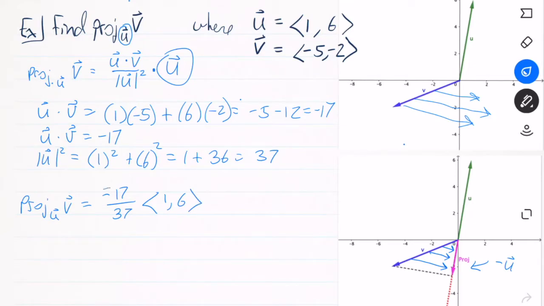The sign of this is negative, which makes absolute sense, because if it was positive, we'd be going in this direction. And I want to be going in the opposite direction. So that negative is at least telling me I'm going in the right place. And (1, 6) times a negative would be (-1, -6), pointing down into the third quadrant.